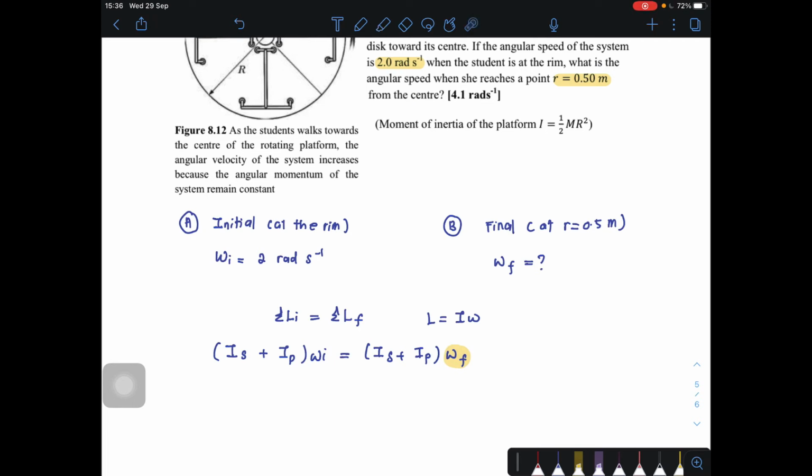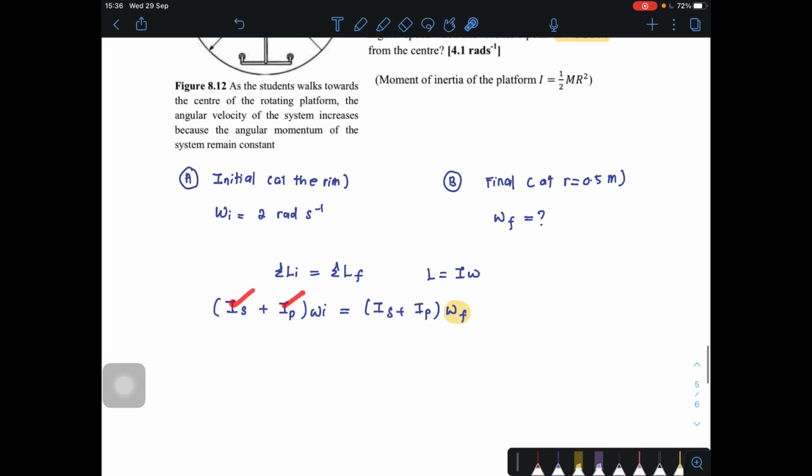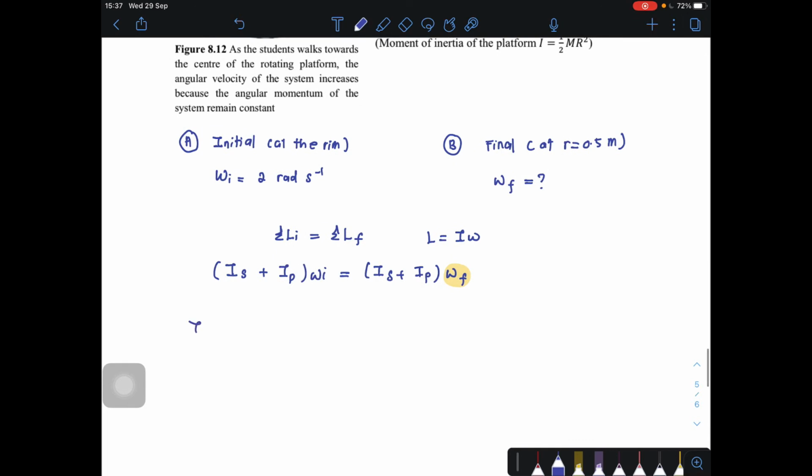Okay, so now this is what we want to find, the value for angular speed final. So, in order to find this angular speed final, kita kena cari dahulu moment of inertia, student and the platform. So untuk platform kita akan gunakan this value sebab dia adalah circular disc. Okay, so moment of inertia of the platform half mr square.